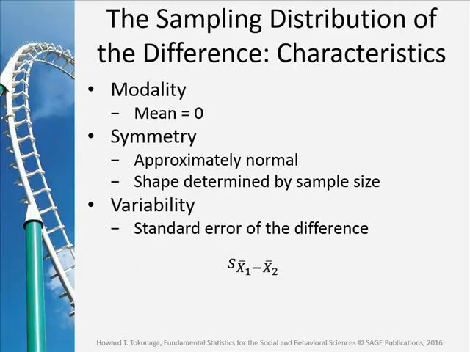The other thing about this is that our notation is going to start telling us that it's not just a sample, it's actually a sample of differences. So our subscripts are going to look like there's math in them, but it's not. It's just to show that we're dealing with the difference between two groups.